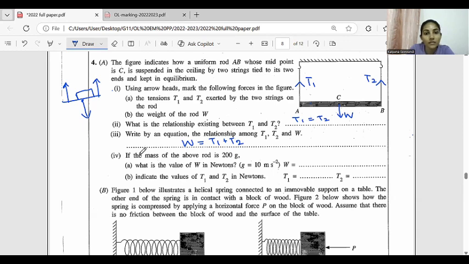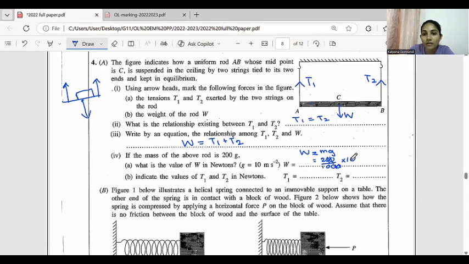Then, fourth question. If the mass of the rod is 200 gram, what is the value of W, it means weight, in newtons? Let's see. W equal mg. We know this. Then mass should be converted into kilogram, 200 over 1000, and gravitational acceleration is 10.